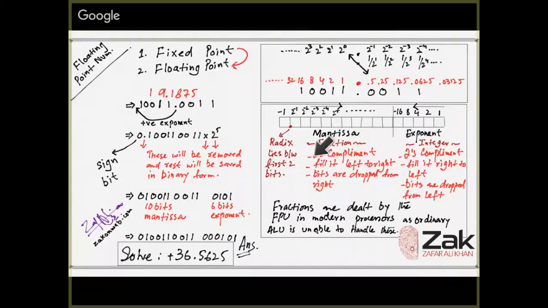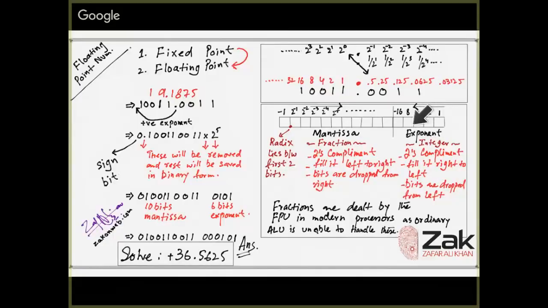In computer science, we cannot represent the number with multiplication and base and all. So what we do, we have this formation. This formation is called floating point, and in Visual Basic we call this single or double.